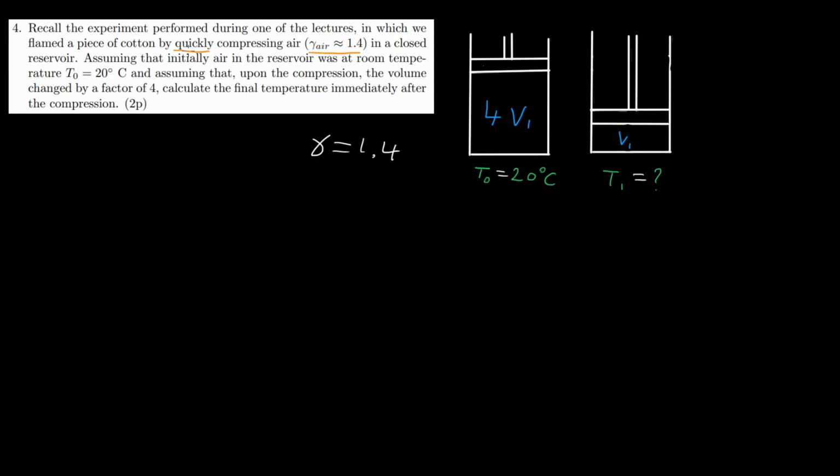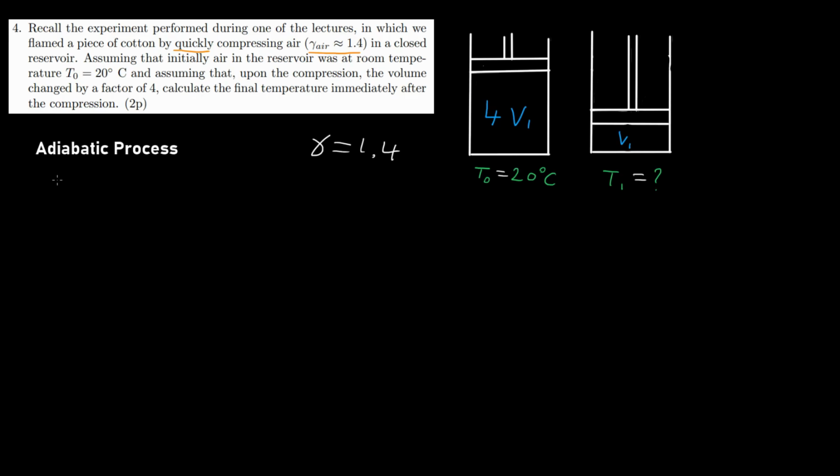And both of these, us knowing that this happened very quickly, and the fact that we're actually told what the adiabatic constant is, are a hint that this is probably an adiabatic process. So if this is an adiabatic process, that means that no heat can enter or leave the system during the process. So as the gas is compressed, no heat is going to be transferred outwards to the surroundings. So all that heat or energy is going to stay within the system.